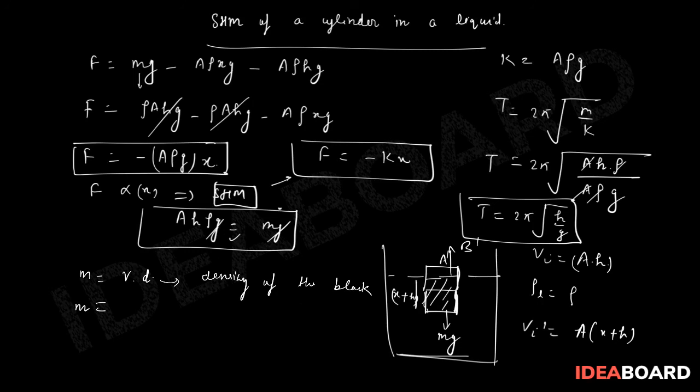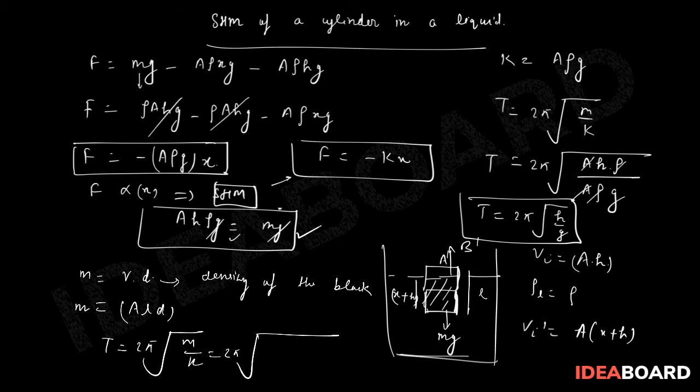And the total height, let's say, is L, so it will be A into L into d. Then I can apply T is equal to 2 pi under root of m by k. So this time, instead of the earlier value of m, we can write A L d upon k, and k was A rho g.